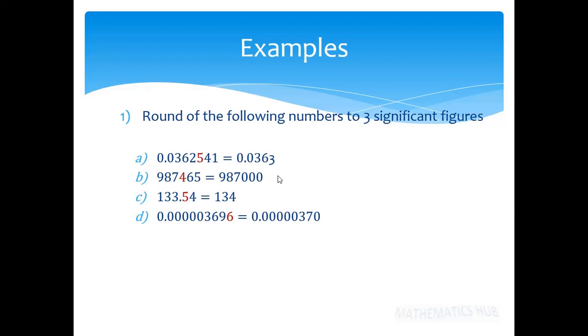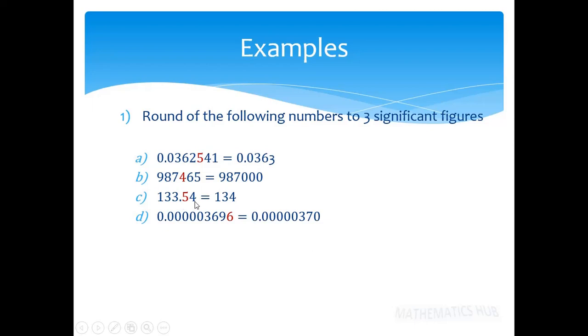And we move on to part C. We have 113.54. We count the first 3 digits, and then we look at the next number, that is 5. Because we are having 5, we add 1 to the previous number, and then our answer becomes 114. And take note of this.